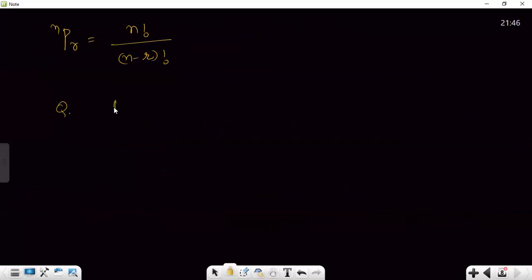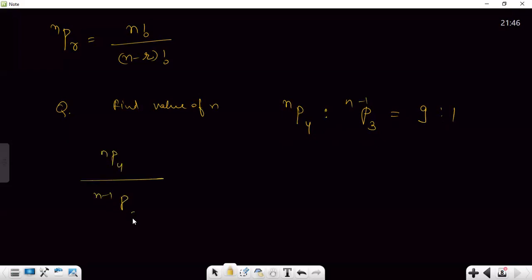We have to find the value of n, given that nP4 is to (n-1)P3 is 9 is to 1. That is the given condition. So nP4 is to (n-1)P3 is given as 9 by 1.